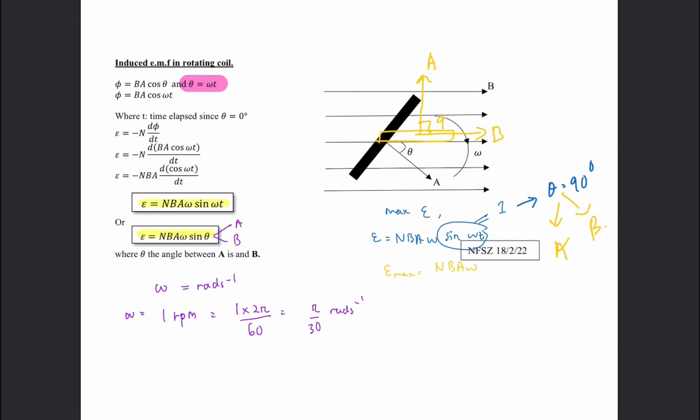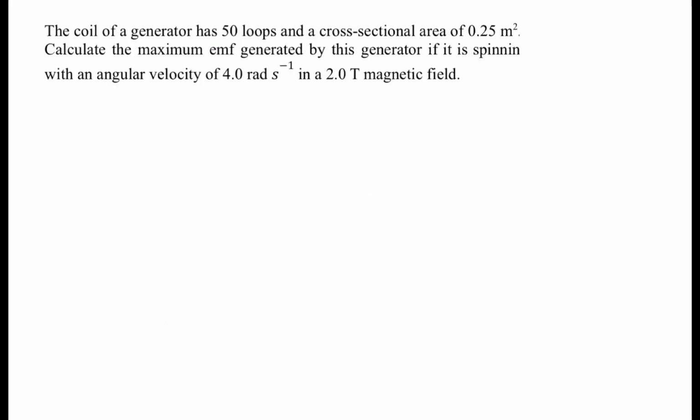So the maximum induced EMF is produced when the plane of your coil is parallel to B, to make theta equal to 90 degrees. That's about it. So this is the example for induced EMF in a rotating coil.